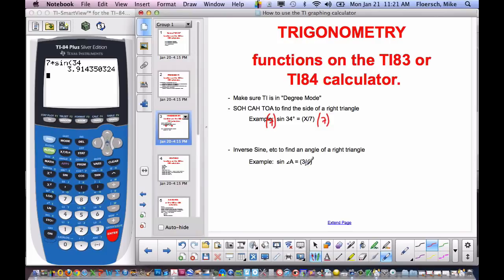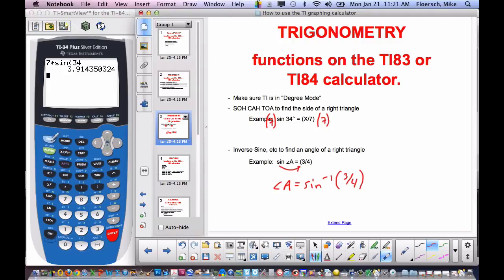This time I have a right triangle and I have the two sides, 3 over 4, but I need to solve for angle A. So basically what that means is I need to get rid of this sine. So angle A is equal to the sine inverse, that's how I bring it over, of the fraction 3/4.